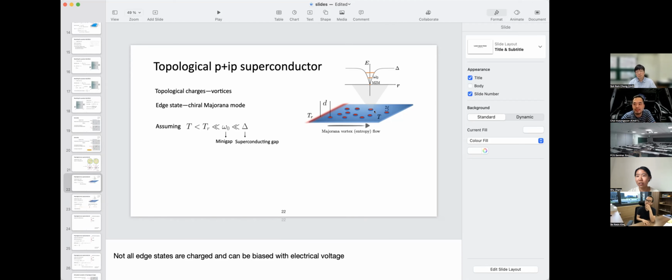and that can also either raise the temperature of those edges, or the vortices might accumulate there and cause a different chemical potential.